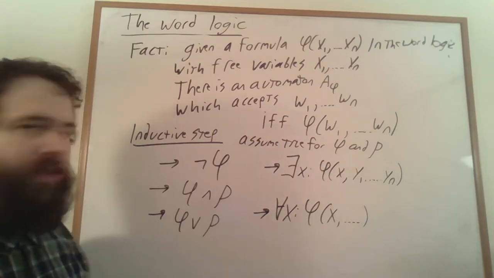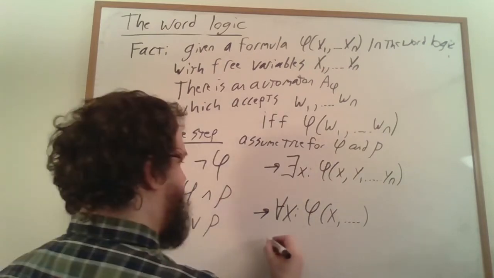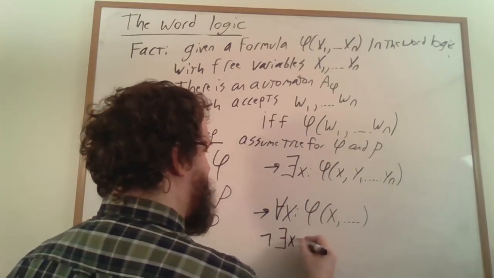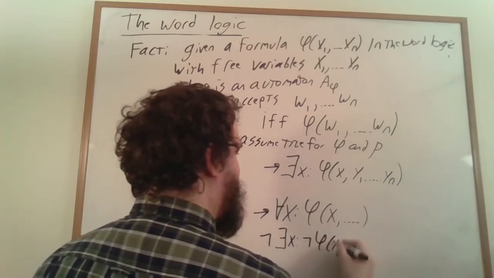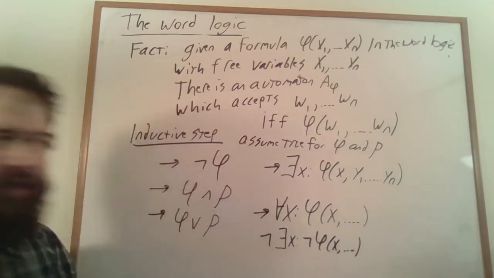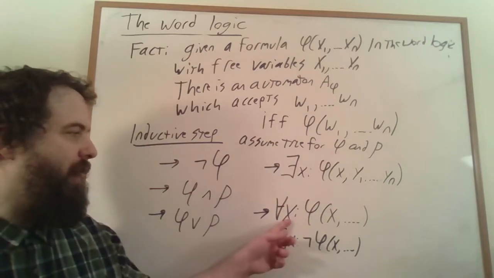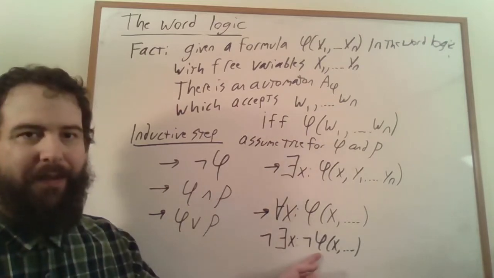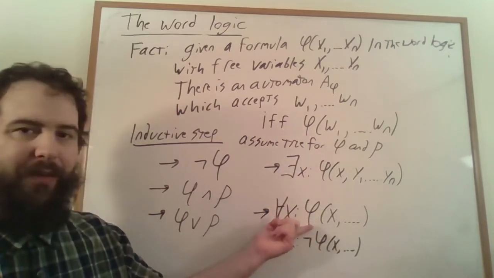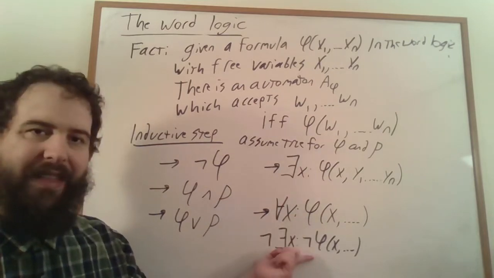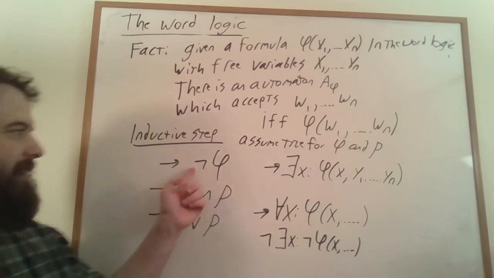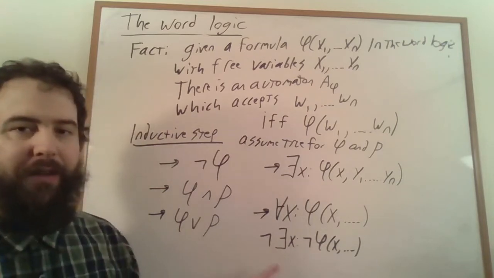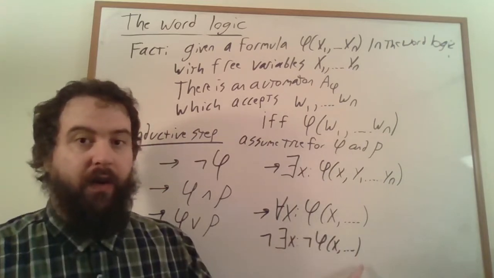We're going to want to turn this into, it's not the case that there exists an x that makes phi of x comma ... false. Right? Saying that something is true for every x is the same as saying it's not the case that there is a counterexample. So anytime we see a formula that looks like this, we're going to want to turn it into something like this, and then use this piece and this piece to turn this formula here into an automaton based on the automaton for our original phi.